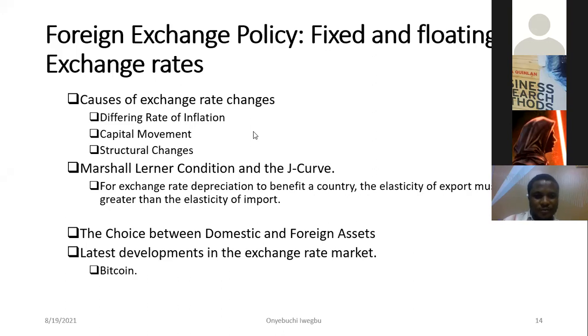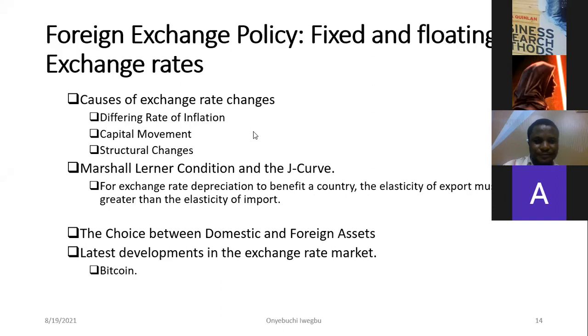Yeah, good evening, sir. Yes, good evening. So you talked about the ban on bureau de change when you were explaining, sir. I have a question though. This is not the first time CBN would be banning bureau de change. The first one they did in 2016.